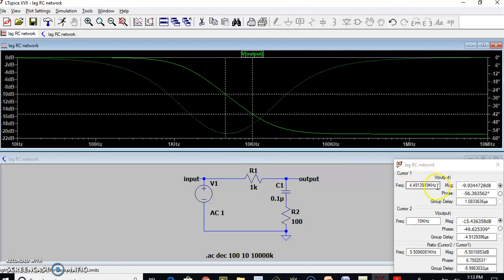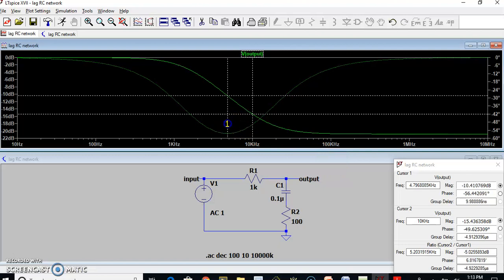You can see the frequency is almost 4.10 kilohertz. You can see the phase is almost minus 56 degrees. So we are supposed to get it at 5 point. Okay, let me slightly move this so that I go to the minimum position. You can see we are there almost at 4.9. The phase is almost 56 degrees.